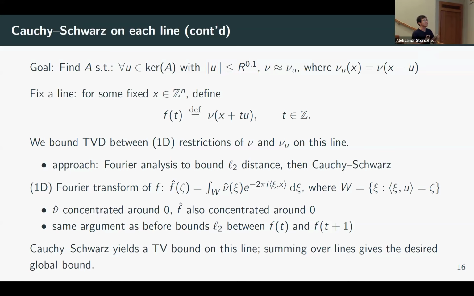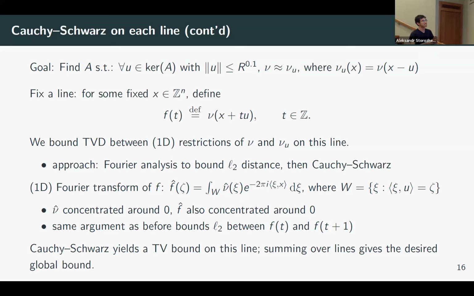It's that we want the distribution, the Fourier mass of mu, to be concentrated around 0, so that the Fourier mass of this function restricted to this line is also concentrated around 0. But I guess the second thing is the only thing that we really want: that if we look at any direction u that is in the kernel, the Fourier transform restricted to this line has its Fourier mass concentrated around 0.